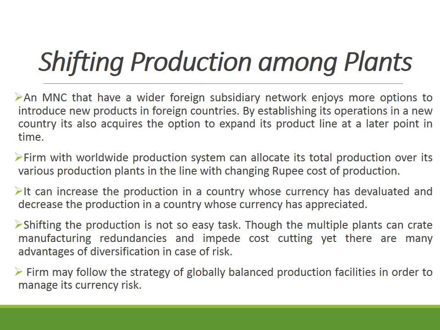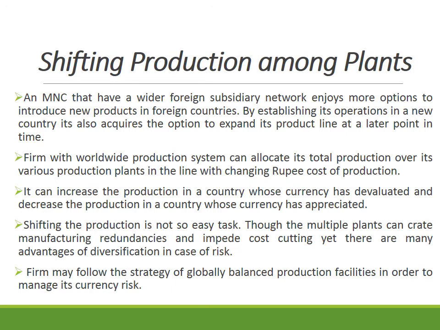A firm with a worldwide production system can allocate its total production over its various production plants in line with changing rupee cost of production. It can increase the production in a country whose currency has devalued and decrease the production in a country whose currency has appreciated.